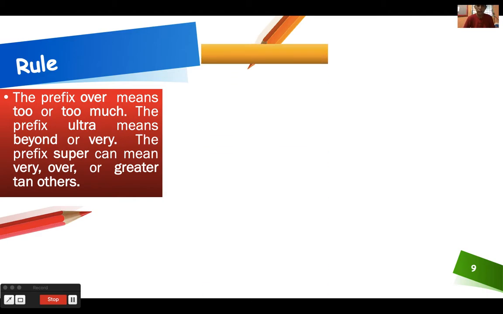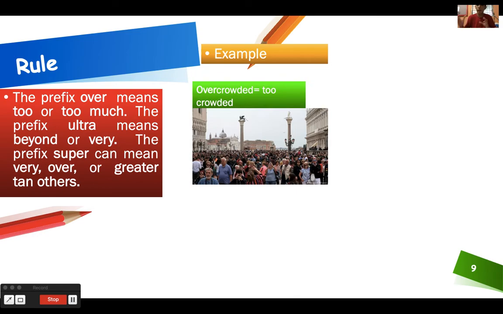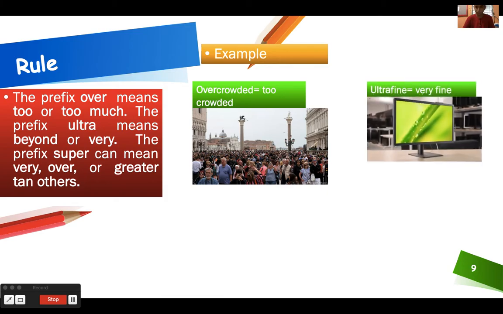Okay, some examples over here: we have overcrowded, too crowded. Crowded in Spanish means multitud. Overcrowded is a lot of people in a place, in a meeting or something like that.